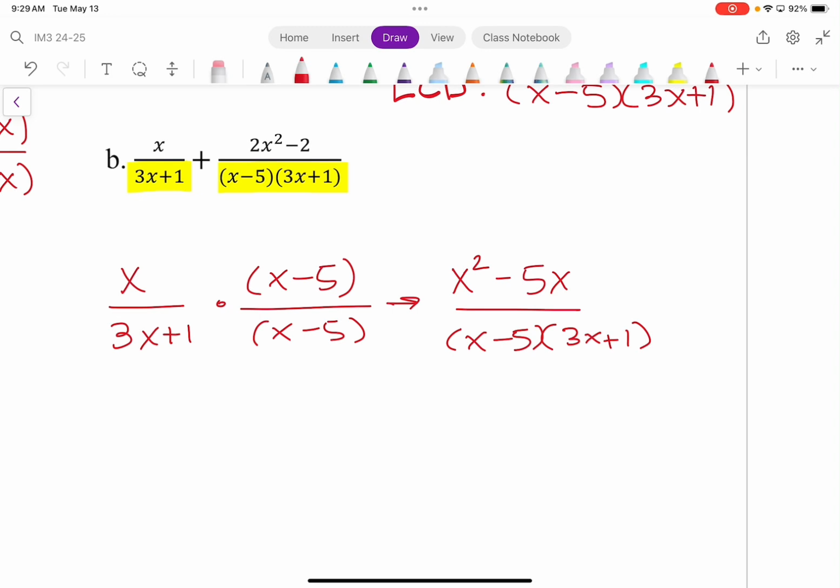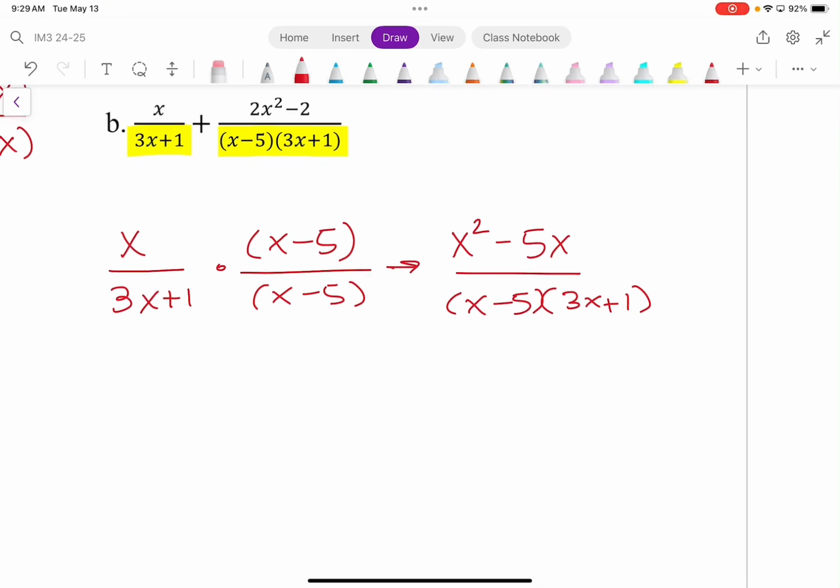And keep in mind, this is just the first fraction. We can now go ahead and add 2x squared minus 2 over the same denominator. So we still have x minus 5, 3x plus 1.